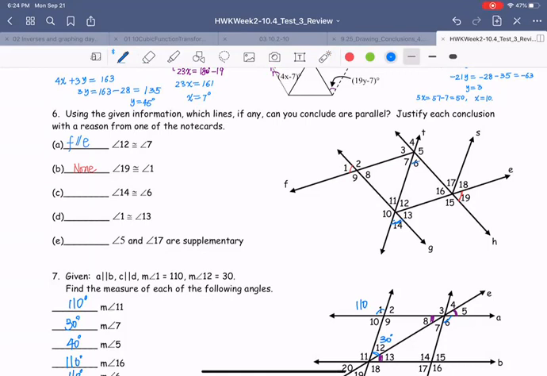Now you tell me who is parallel to whom.